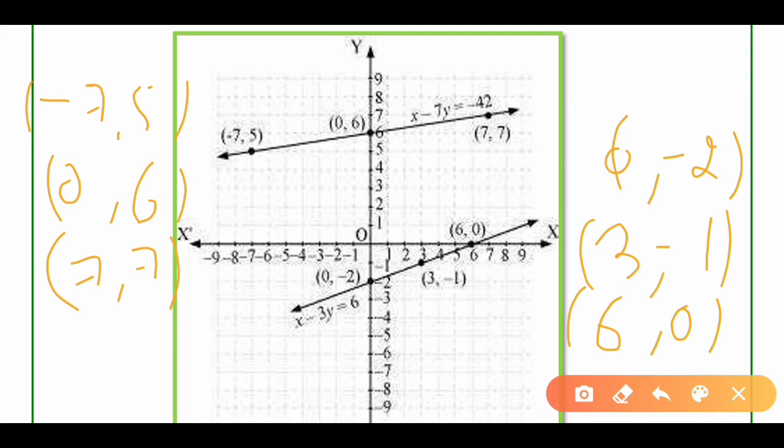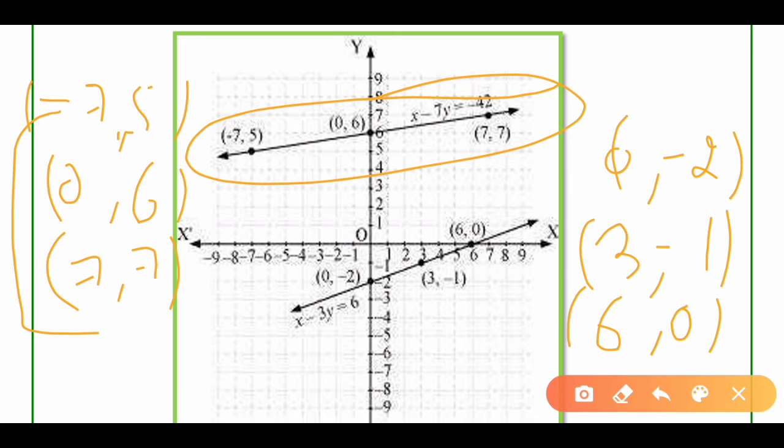Now we'll plot these points in this graph, so we'll get this line for these points, and for these points we'll get this line.